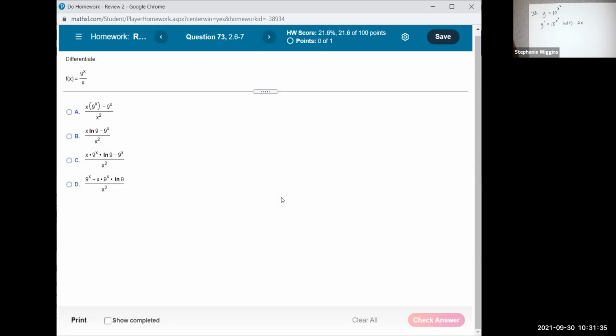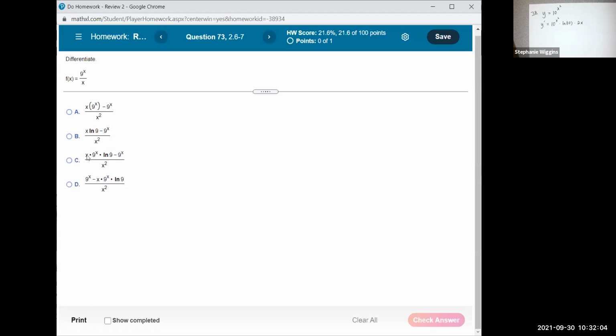Here, you're going to use the quotient rule. Notice in the quotient rule, you have the bottom function squared. So all of the answers have the bottom function squared. And then for the top, you start with the bottom function x times the derivative of the top. The derivative of 9 to the x is 9 to the x times the natural log of 9.